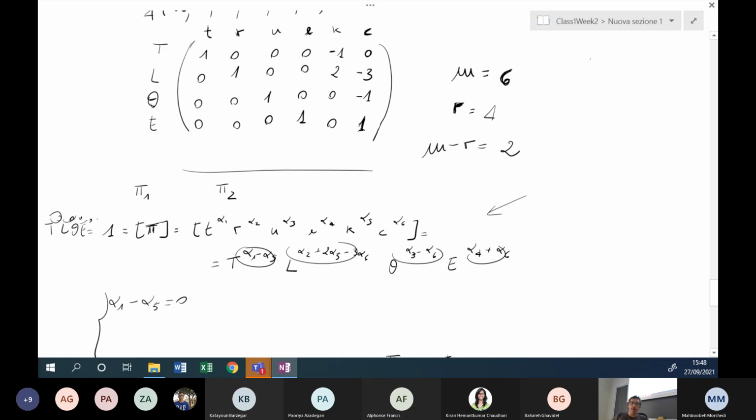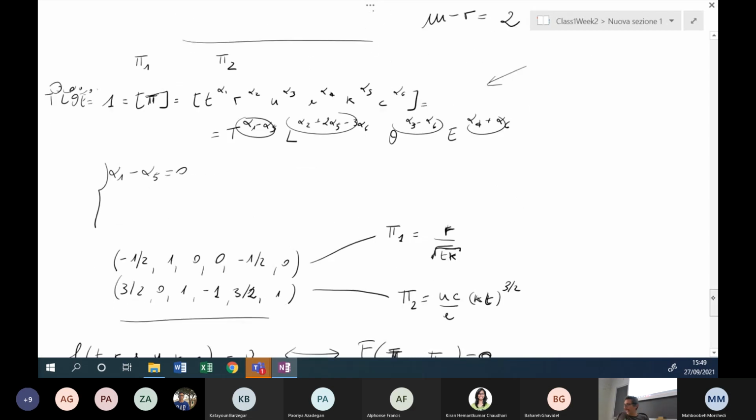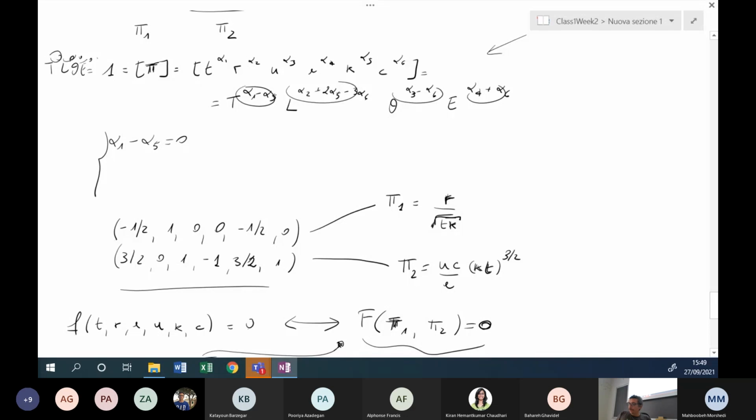Those quantities are time, radius, temperature, energy, K, and C. So what I'm doing here is putting some fake powers and then solving a linear system to find these alphas. These solutions correspond to the pi's which are dimensionless.